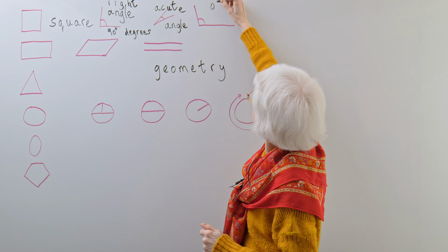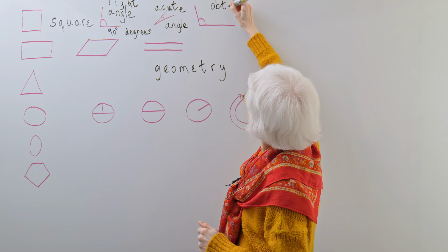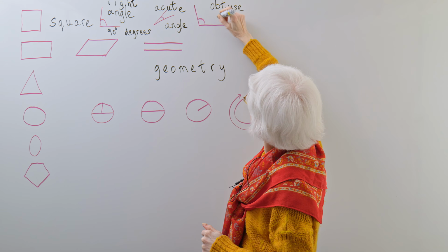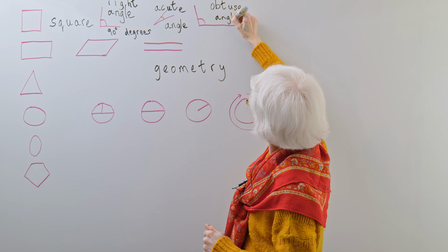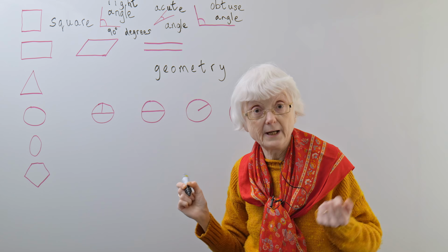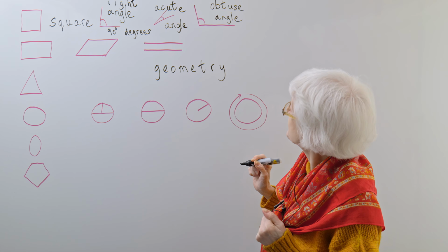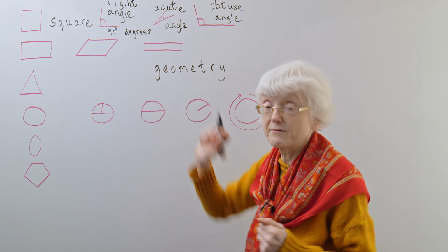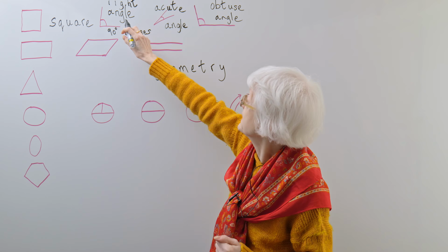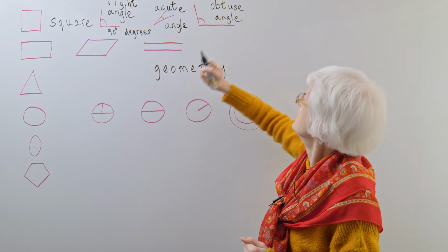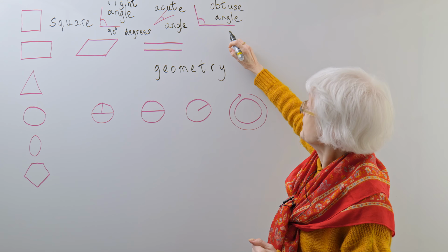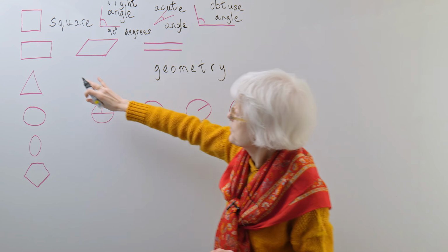It's an obtuse angle because it's more than 90 degrees. Okay, right, so there we have a square and we have some different angles, a right angle, an acute angle and an obtuse angle.